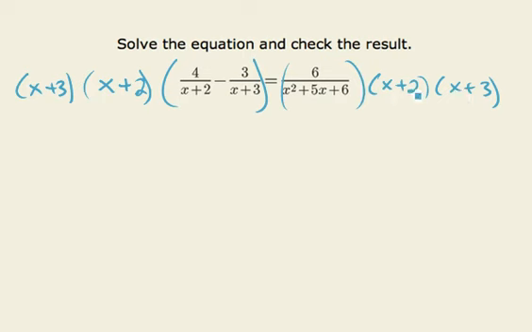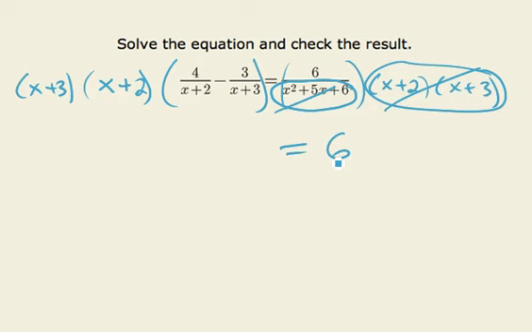Right? x times x is x squared. 2 times 3, positive 6. 2x plus 3x is 5x. So I'm already multiplying on the right by x squared plus 5x plus 6. So these two things taken together will cancel with that one thing. Right? So those will cancel. And on the right, I just have a 6. Let's write that. 6.